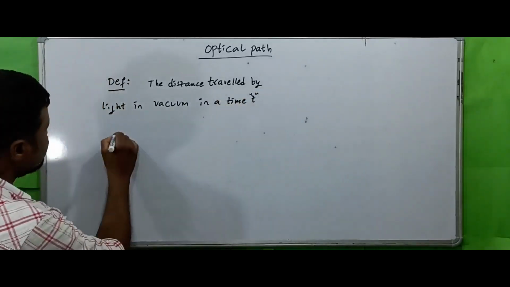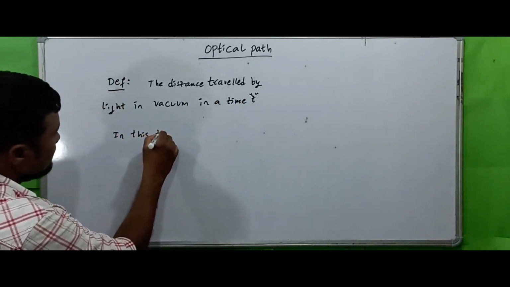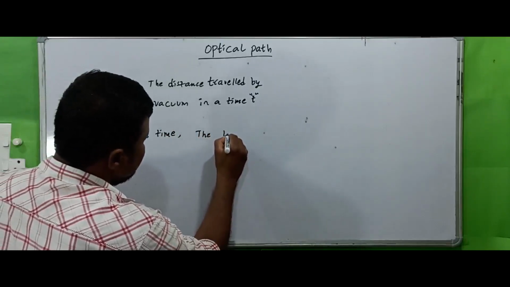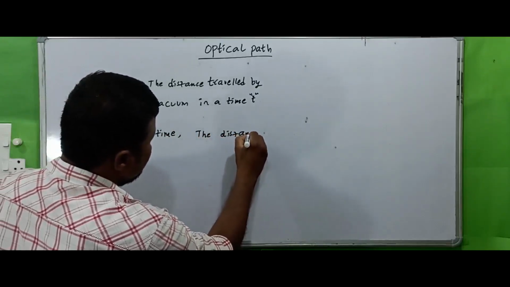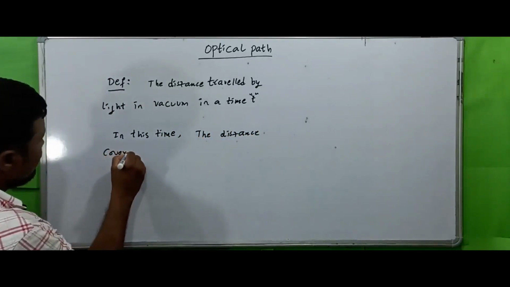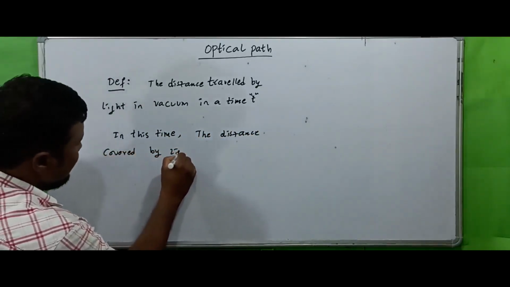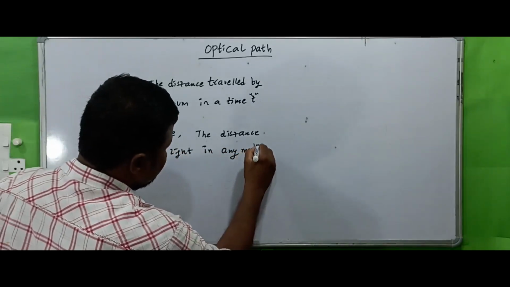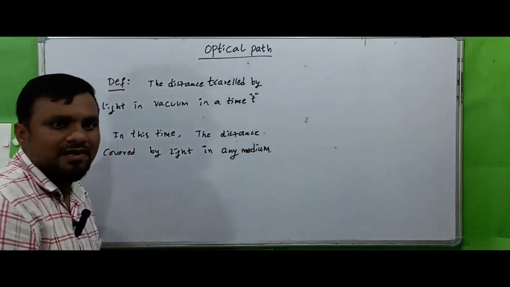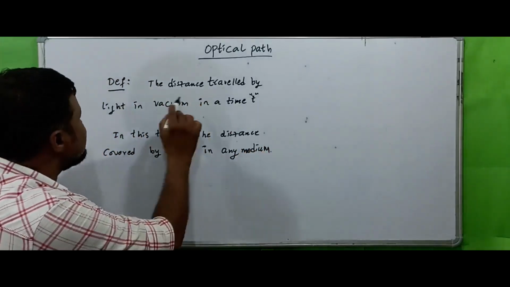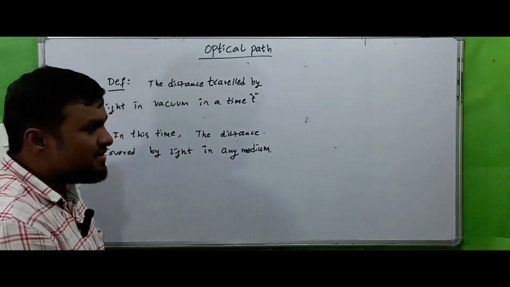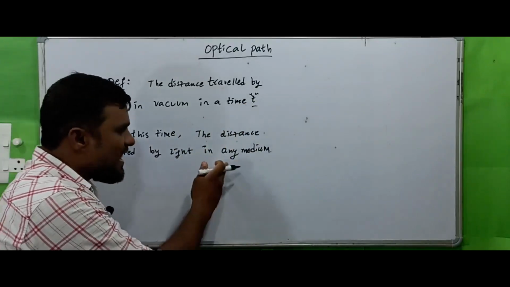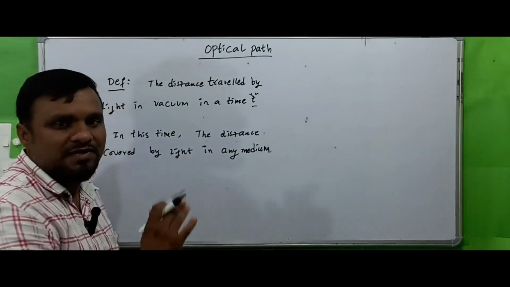In this time, the distance covered by light in any medium is called optical path. Again, the distance traveled by light in vacuum in a time t. In this time t, the distance covered by light in any medium is nothing but optical path.